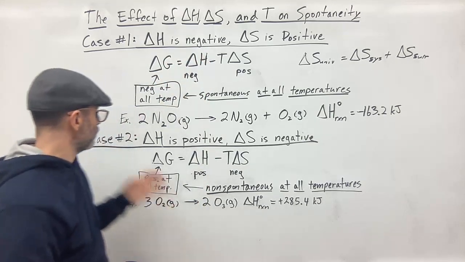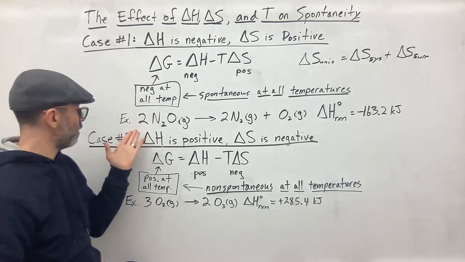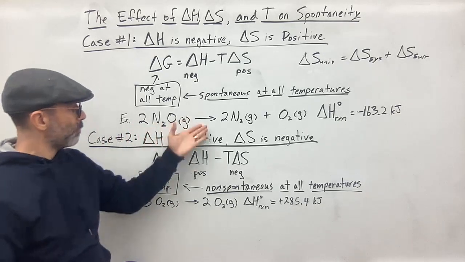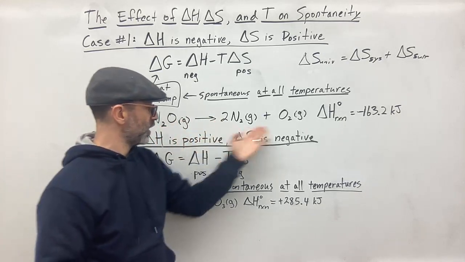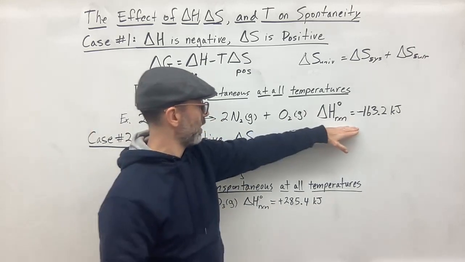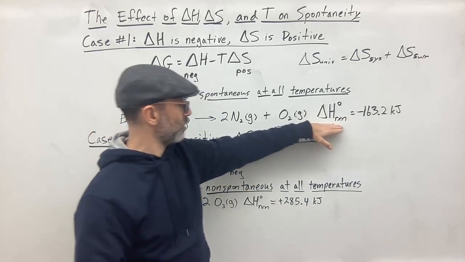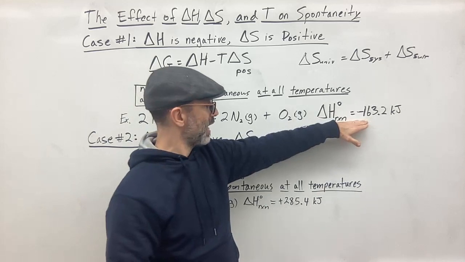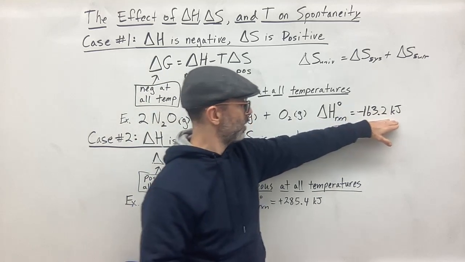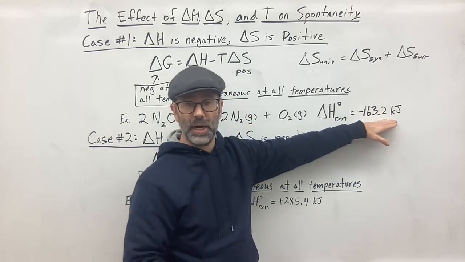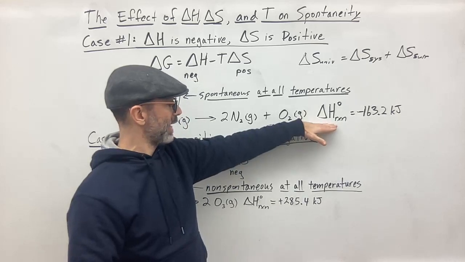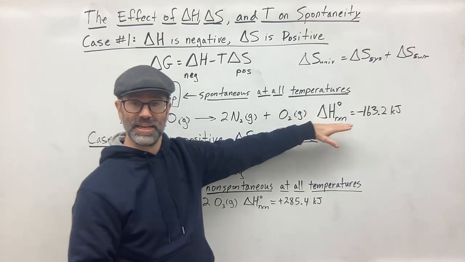Okay, so here's an example where we have 2 N2O gas breaking down into nitrogen and oxygen. And here we have the standard enthalpy of the reaction is negative 163.2 kilojoules, right? So we have the delta H of the reaction is negative.